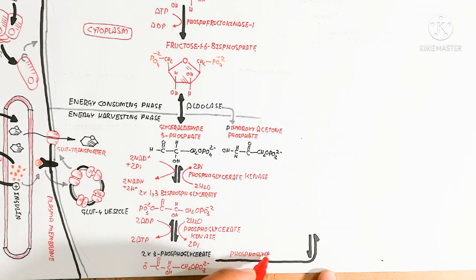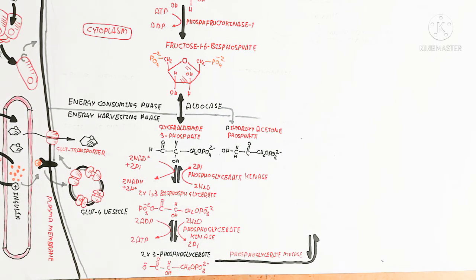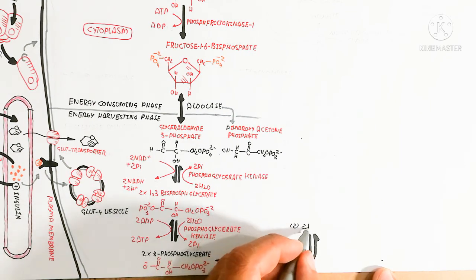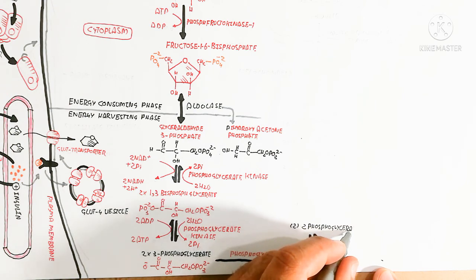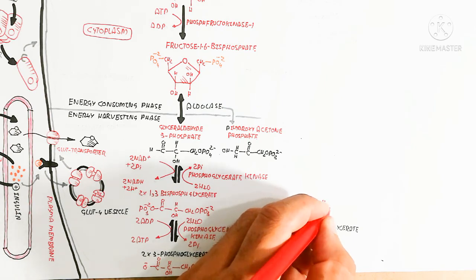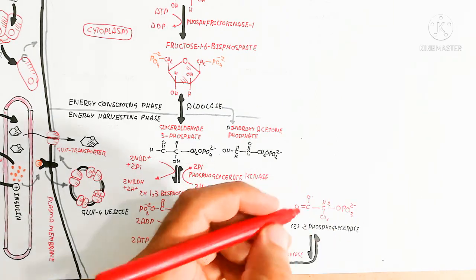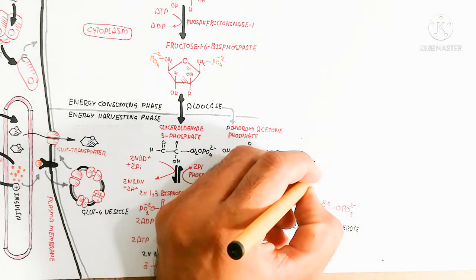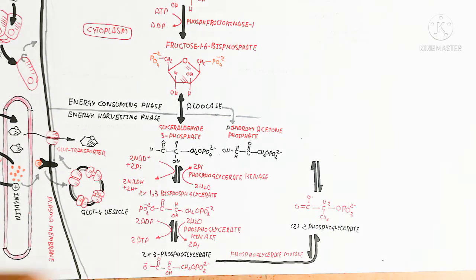After that, the phosphoglycerate mutase enzyme is used to produce 2-phosphoglycerate. It means a mutation occurs, and the phosphate group shifts toward carbon number 2 rather than carbon number 3. So that is important.